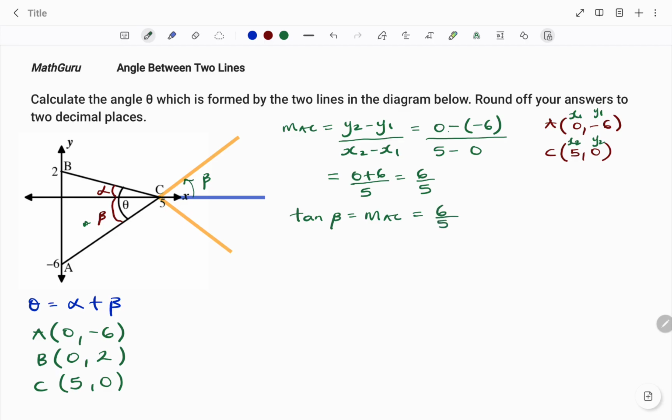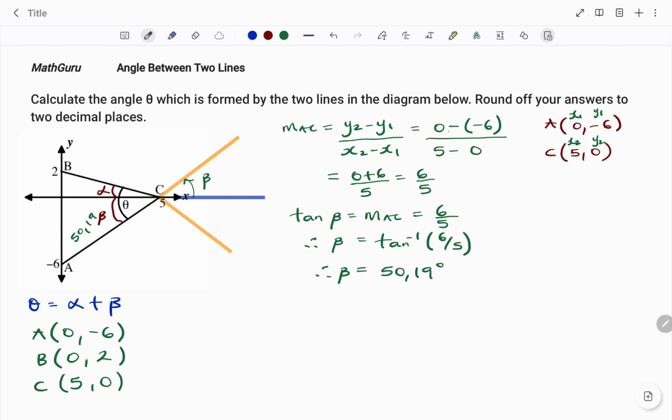Therefore, to find my beta, I move my tan to the right-hand side, so that will be arctan of 6 over 5. Therefore, my beta equals, you press the second function button of your tan on your calculator, and that's going to be 50.19 degrees. So putting that in my diagram, I have 50.19.